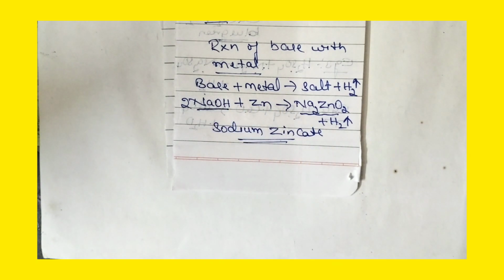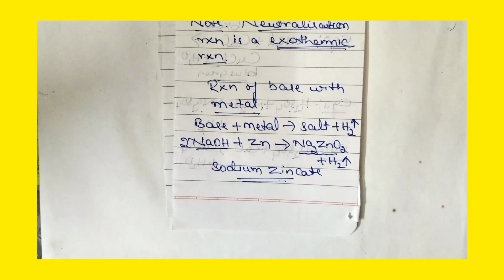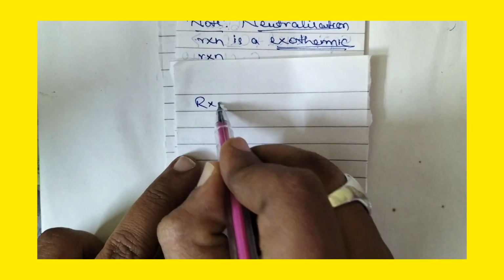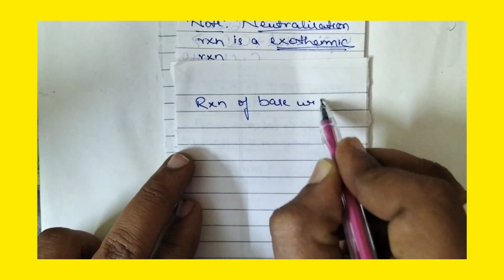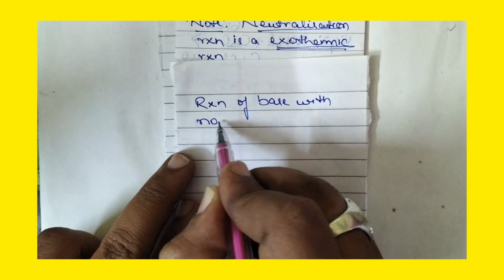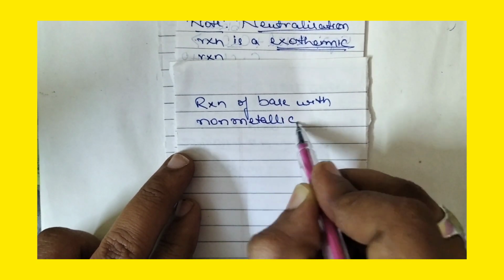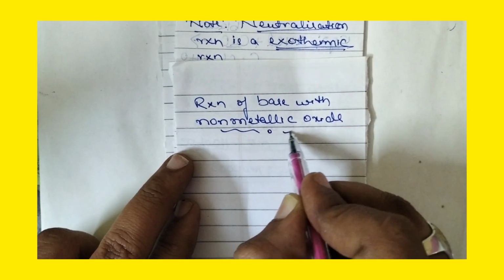Now let us see what happens when a base reacts with non-metallic oxide. Let us study what happens when base reacts with non-metallic oxide. In general, base reacts with non-metallic oxide.